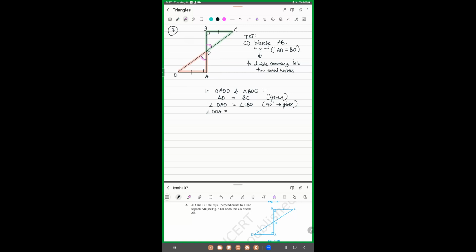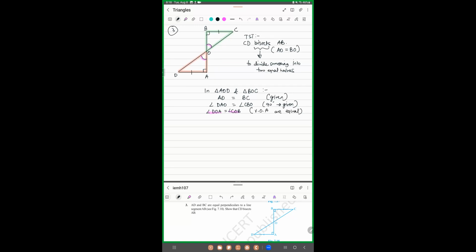So angle DOA is equal to angle COB. Why are they equal? Because they are vertically opposite angles, and vertically opposite angles are equal.